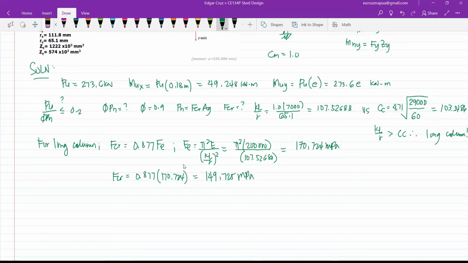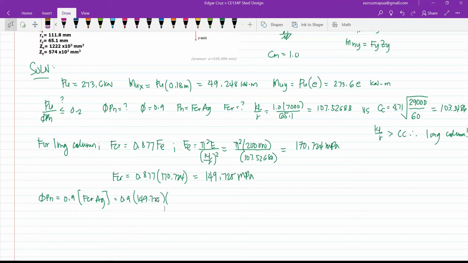O, pag alam mo ni FCR, edi makukuha mo na yung phi PN. So phi PN is equal to 0.9. Ano yung PN? FCR AG. So that's 0.9. FCR is 149.725 times AG.